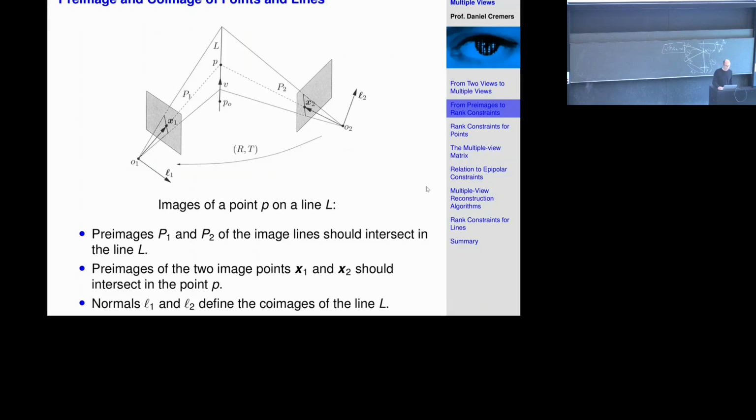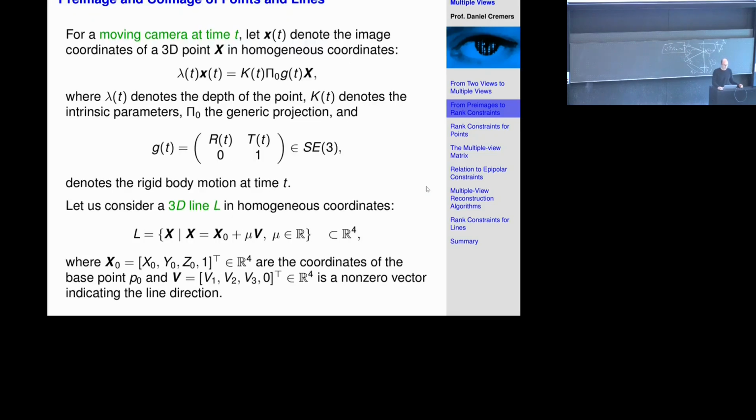We talked about pre-images of points and lines. So here again is the idea that you have a line observed in two images, and the pre-image of these two is the intersection of these planes. When we talk about points, the idea is that we have a point that is observed from a moving camera, so large X is the point.